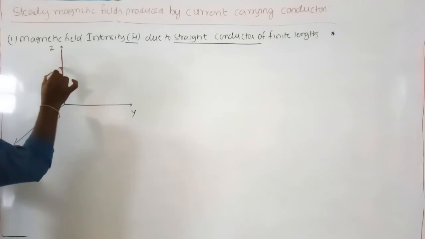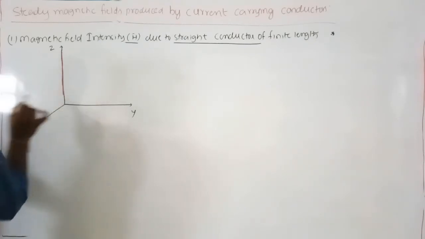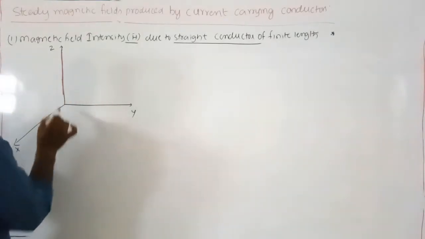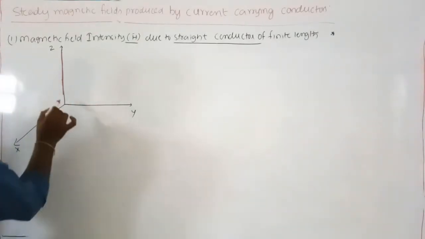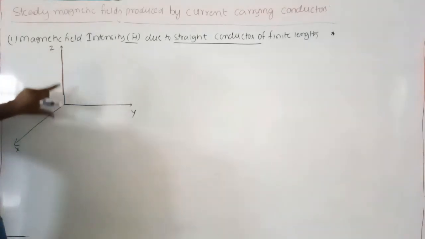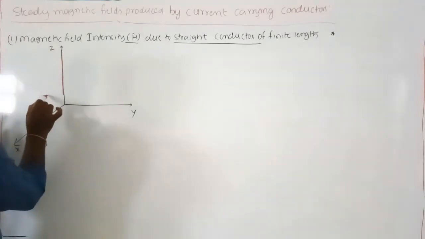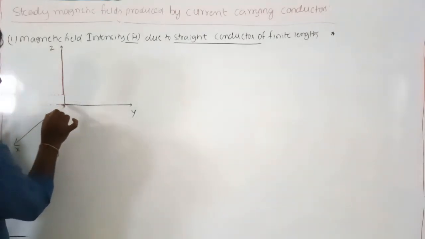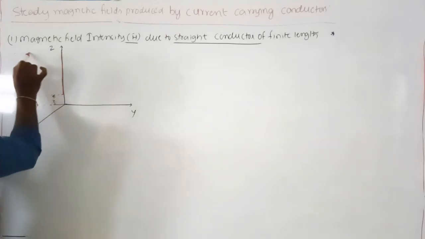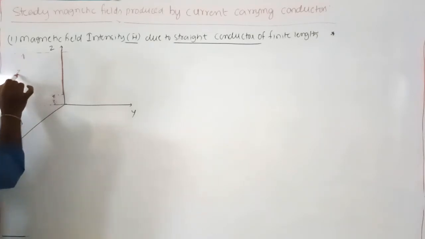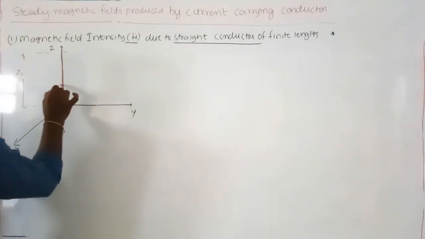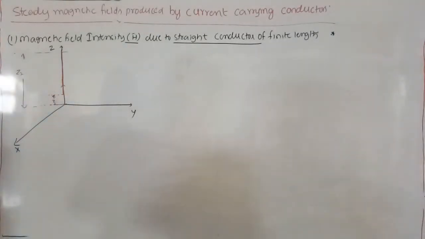The entire length of the conductor, bottom end and top end, lies on the positive z axis. So the top end is z1 units from the origin, and the bottom end is z2 units distance from the origin. Now imagine this conductor is carrying I amount of current, what will happen?